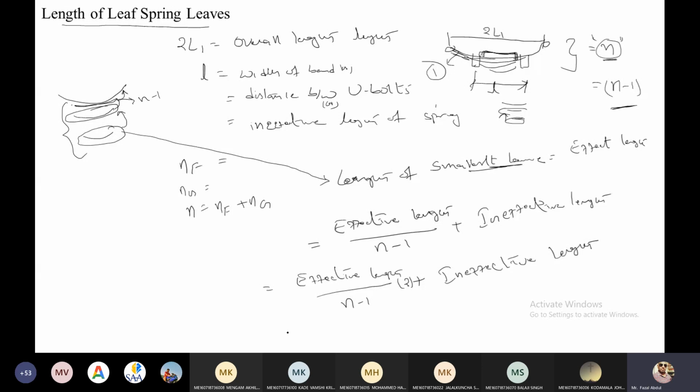So for the n minus 1th leaf, the equation is effective length by n minus 1 into n minus 1 plus ineffective length.